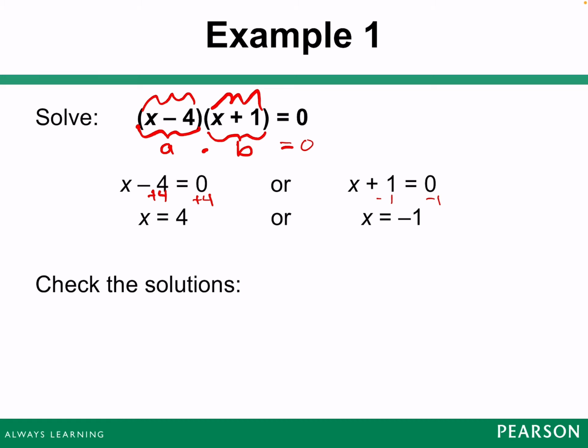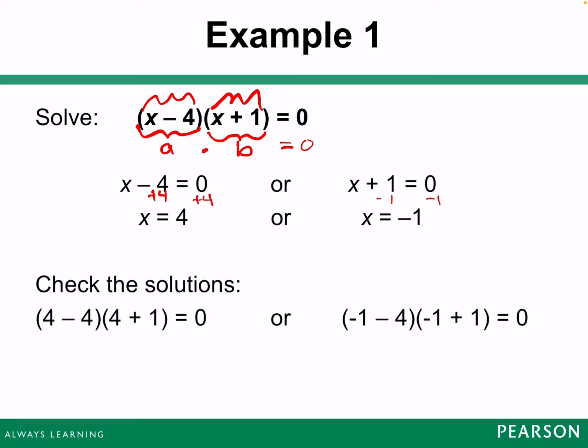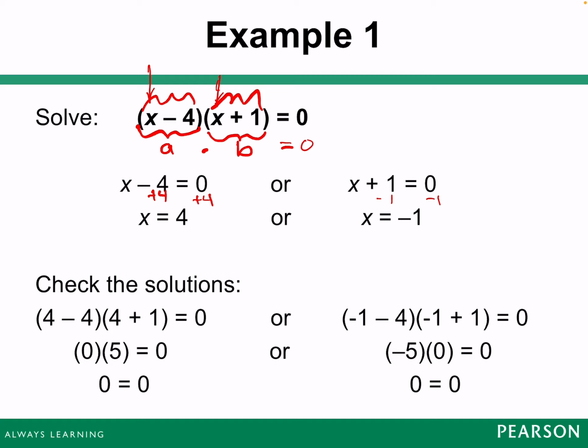Now I'm going to check those solutions. I'm going to take an x of 4 and plug it in to the equation right there and right there. So I get 4 minus 4 times the quantity of 4 plus 1. Well, that's 0 times 5, which is 0. If I plug in negative 1 here for x and negative 1 here for x, here I get negative 5 times 0, which is 0.